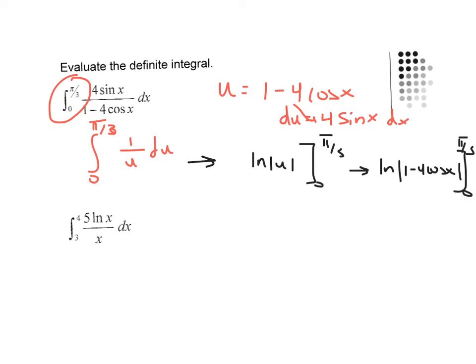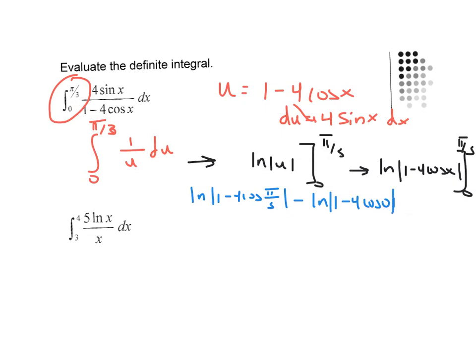And just a reminder again of how to do that. You plug in the pi over 3. So ln of 1 minus 4 cosine of pi over 3, minus, subtract, right? So ln of 1 minus 4 cosine of 0. And yes, you can plug that into your graphing calculator if you want to.